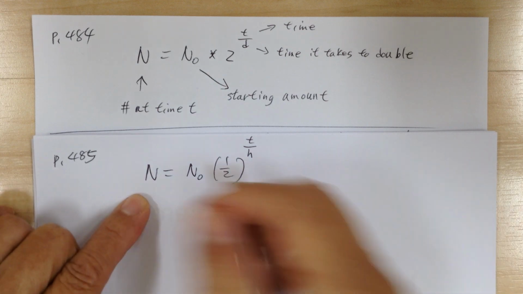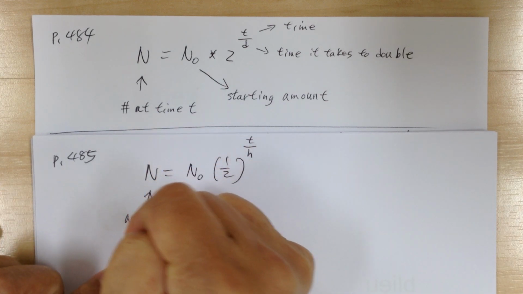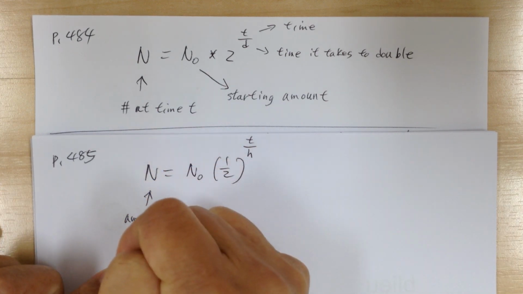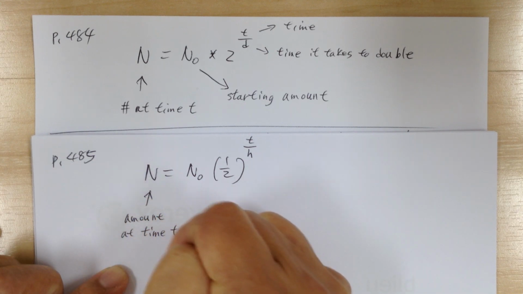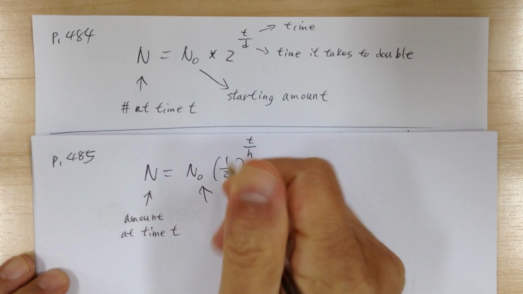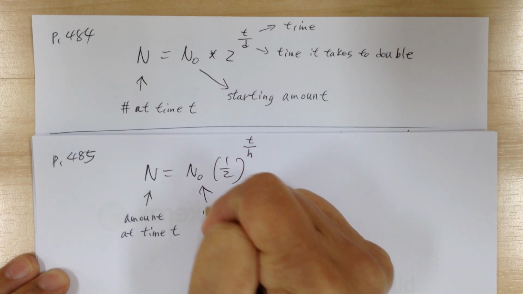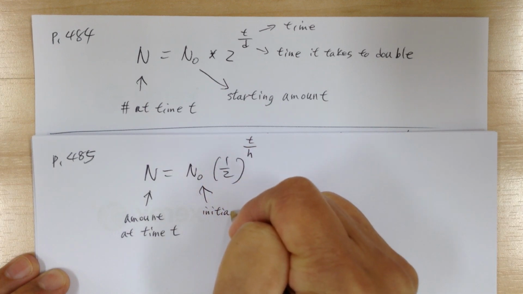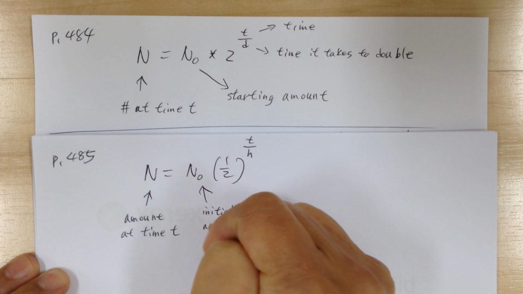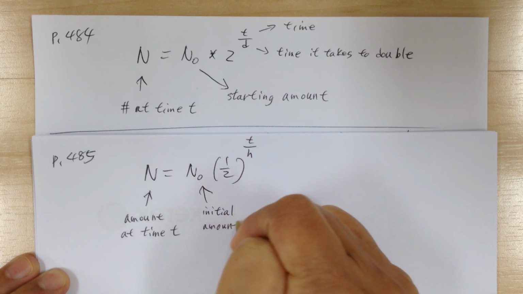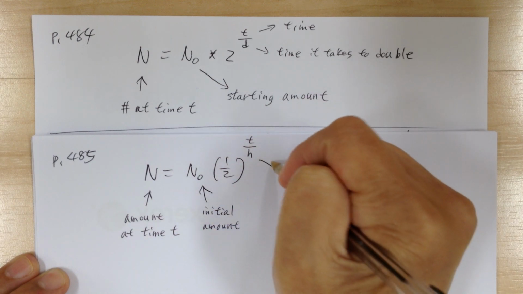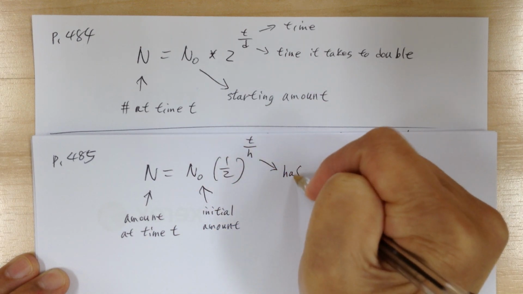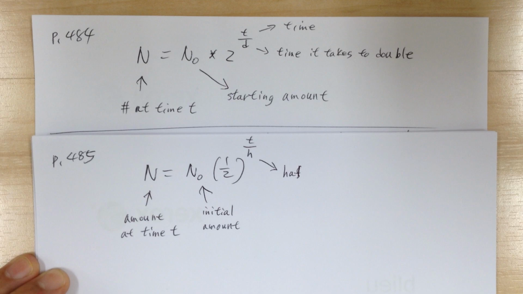So this is the amount at time t, and this is the initial amount, or the starting amount. And h is how long it takes to become half. This is the half-life, and this is from your chemistry.